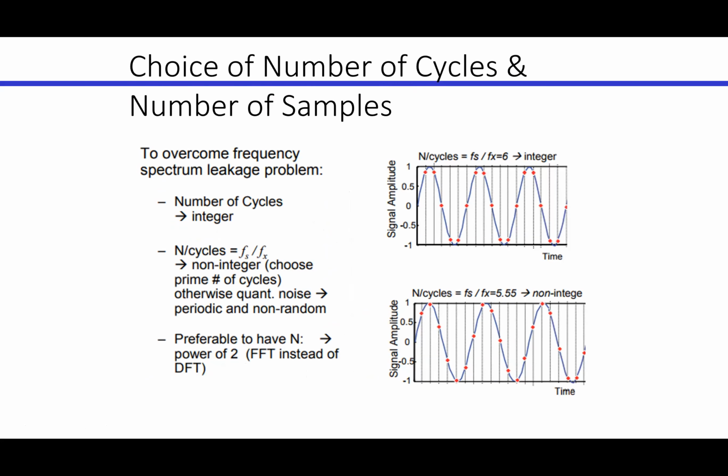Now, in some cases you need to make sure that you also have the previous condition that the number of cycles should be an integer, but your fs over fx should be a non-integer number.